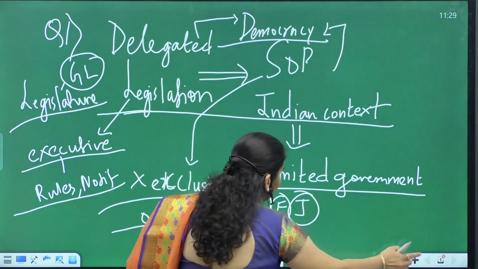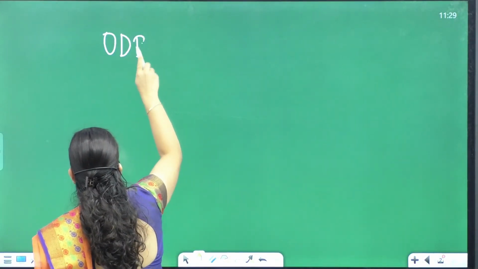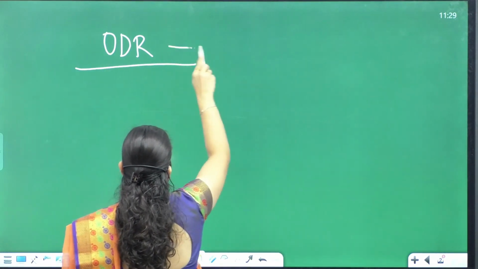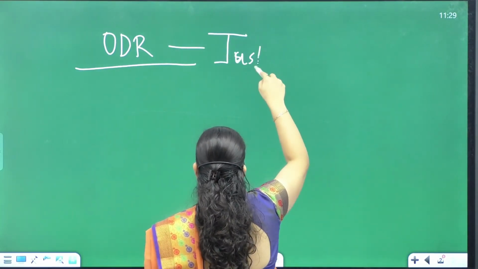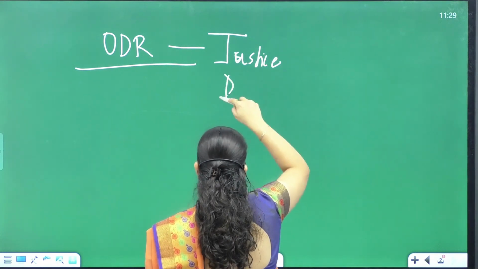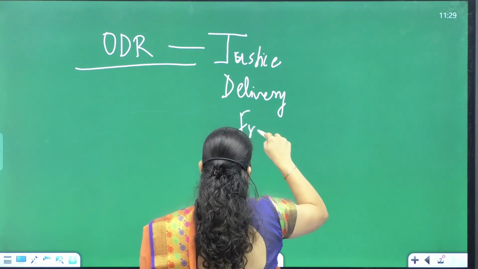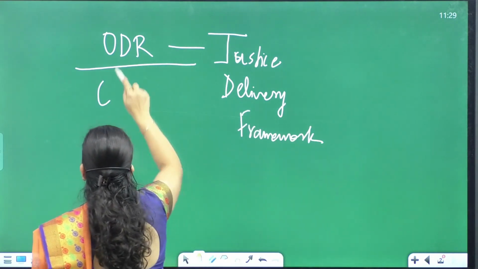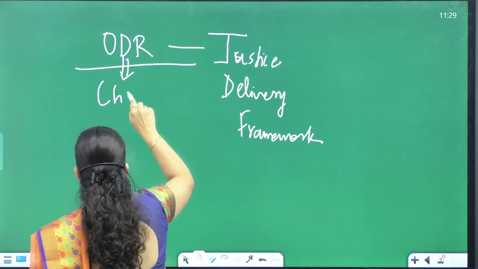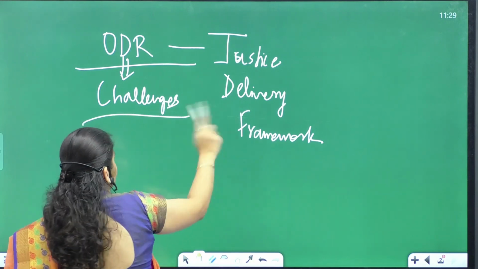So they are asking what? They are asking how online dispute resolution is a solution in the justice delivery framework, and what are the challenges also for this purpose, right?